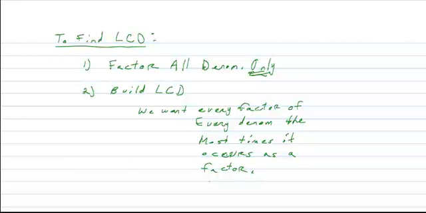Now you should write that down so when we go through them you can see it. We want every factor of every denominator the most times it occurs as a factor. So it's every factor of every denominator the most times it occurs.